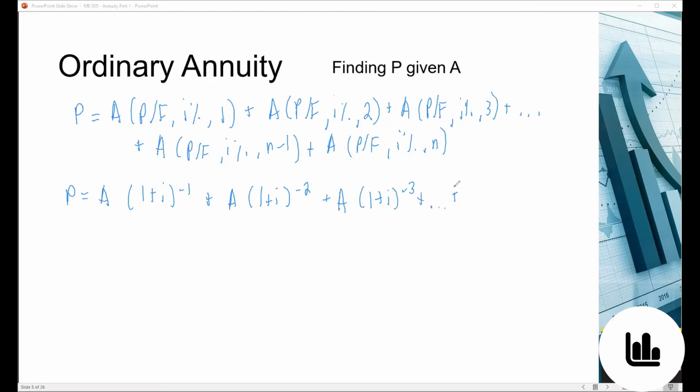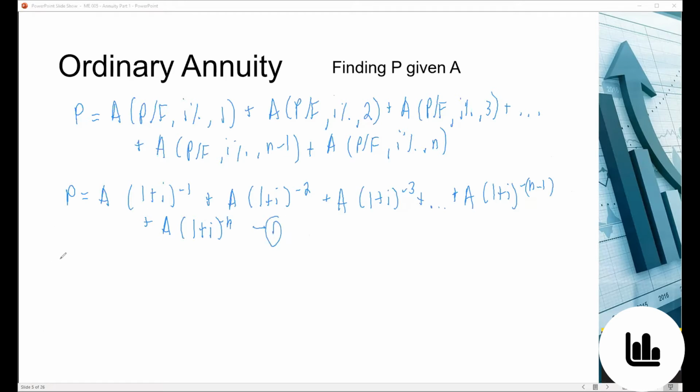Dot. A, 1 plus I raised to negative N minus 1. Tama? Tapos plus A, 1 plus I raised to N, negative N pala. Ayan, ano? So, let's note this as equation number 1.